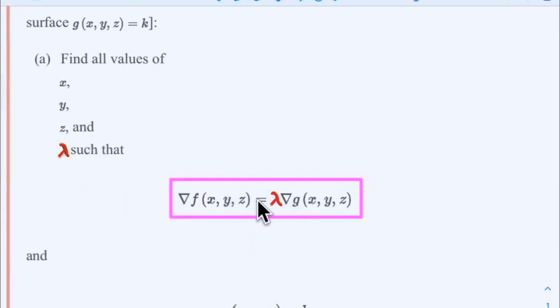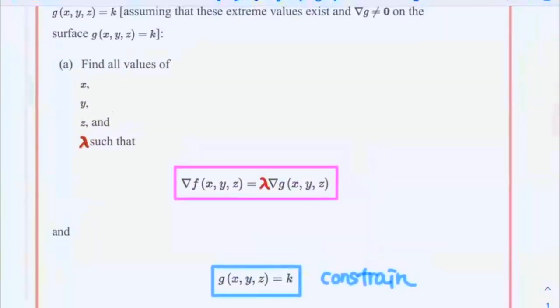But then we have four variables, right? We have x, y, z, and lambda. And we also need to put this equation in. This is a constraint. Remember this one? So that is the first part: set up equations to find x, y, z, and lambda.